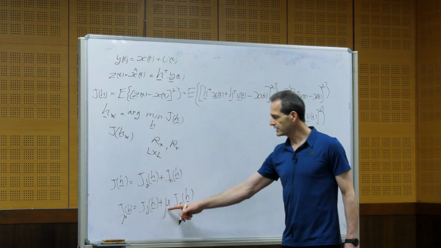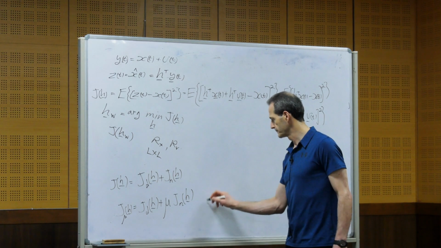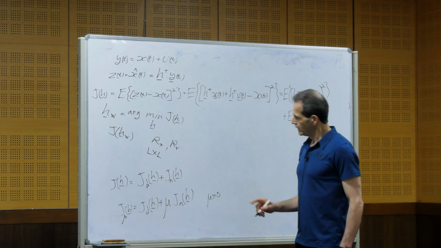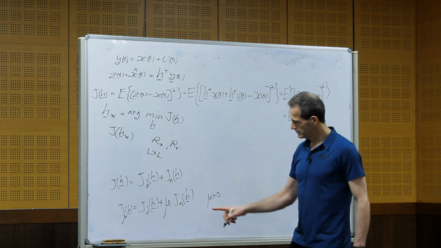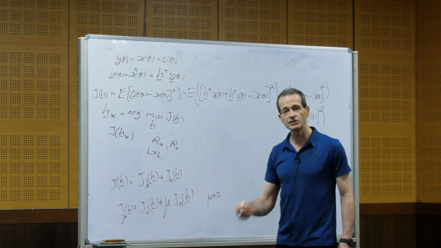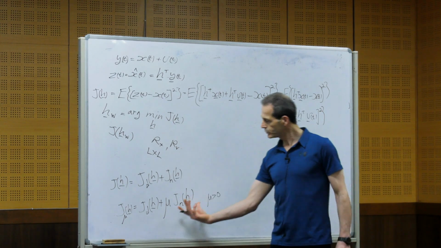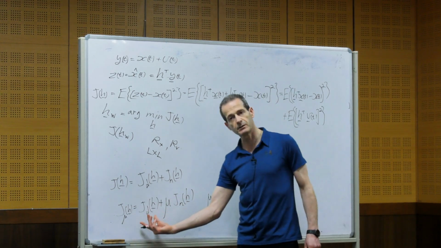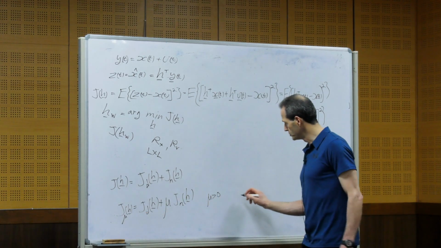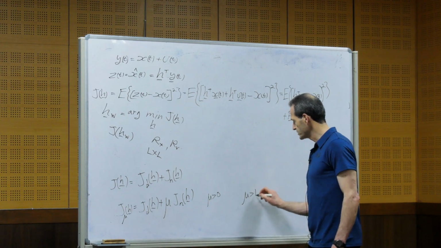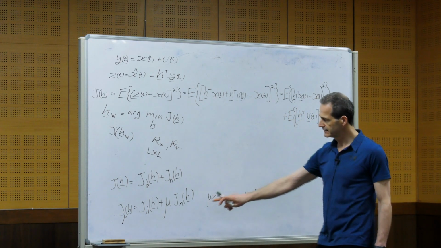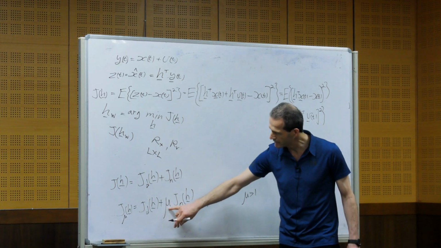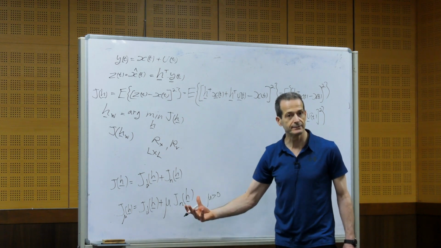Now, mu is larger than 0, a positive number. So if mu, this parameter, is larger than 1, it means that we give more emphasis to this part compared to this part. So if mu is larger than 1, this part is more important because we put a higher weight here.